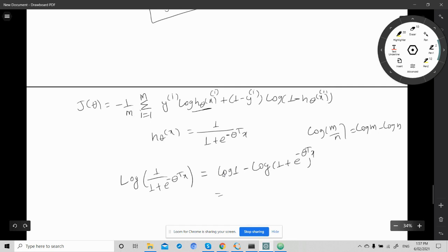Again, log 1 is 0, and the constant is 0. So then we will be left with log 1 plus e to the power minus theta transpose x.